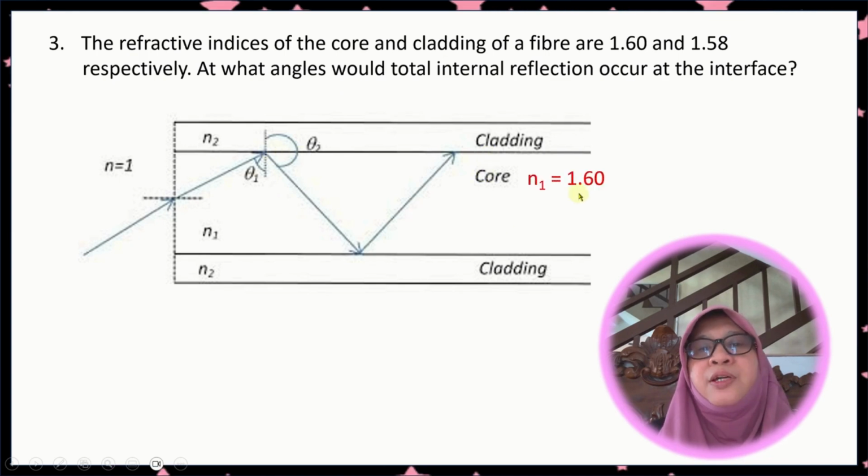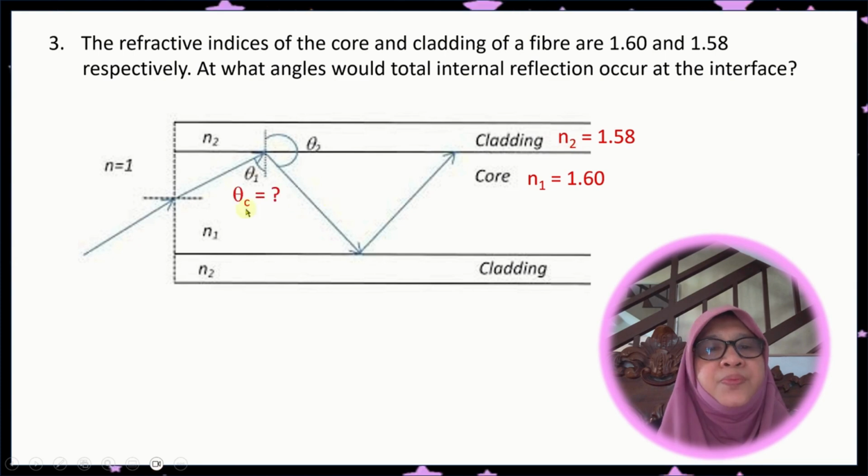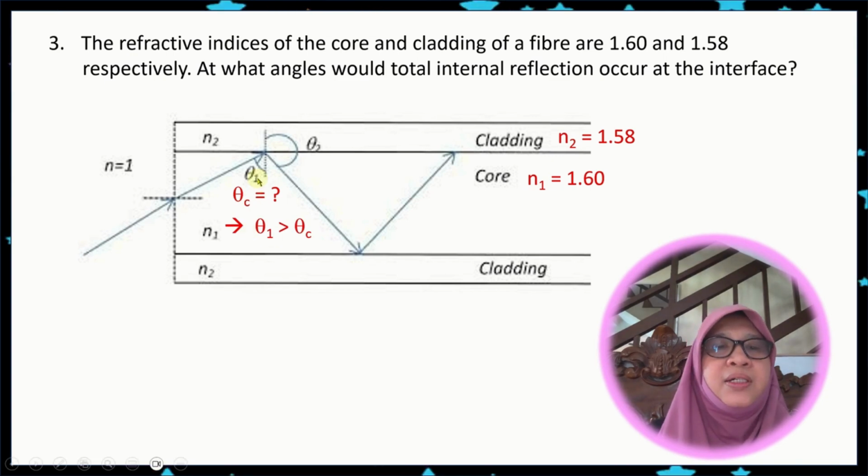N1 is given as 1.60 and the cladding is 1.58, named N2. So we are going to find theta C, the critical angle.